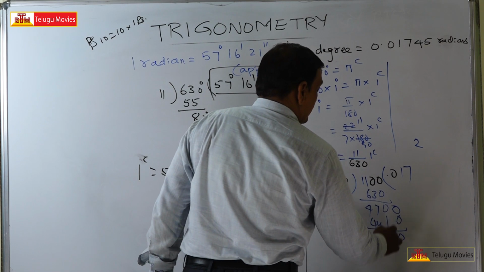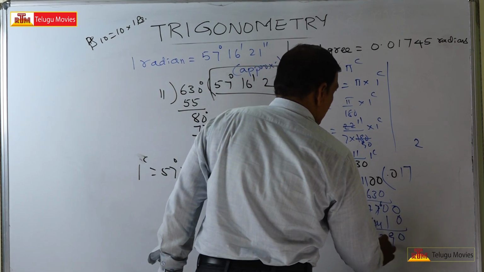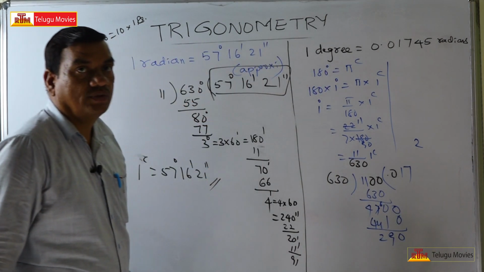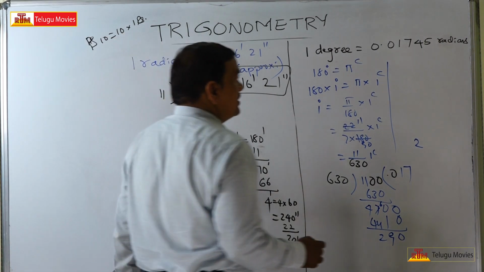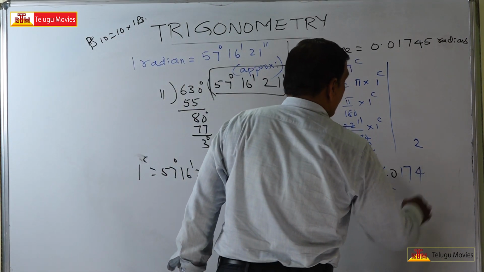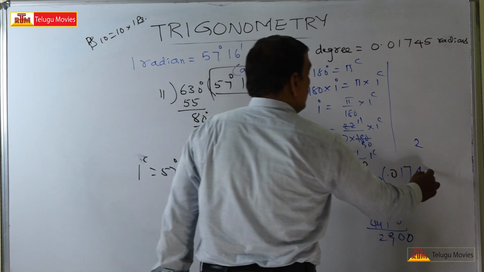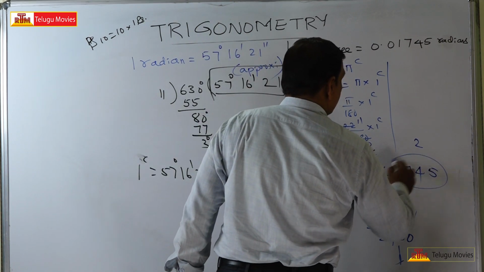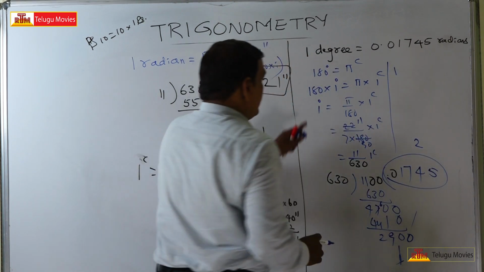Again 0. Again the point is there, so 0, and next we will do 5s. So this is equal to 1 degree.